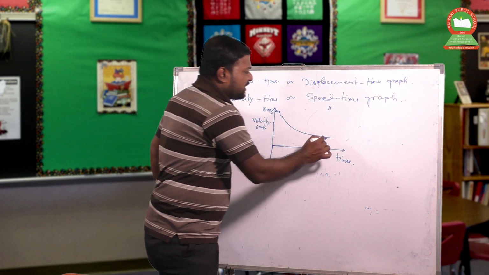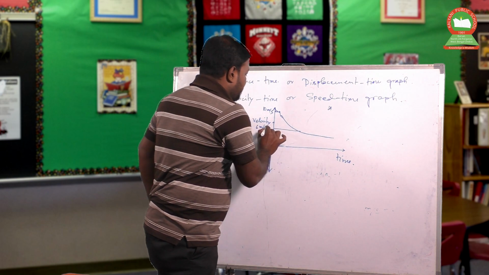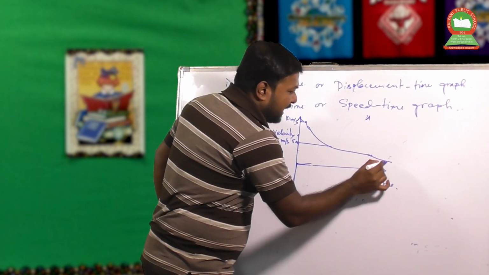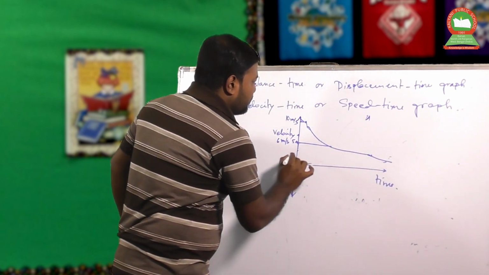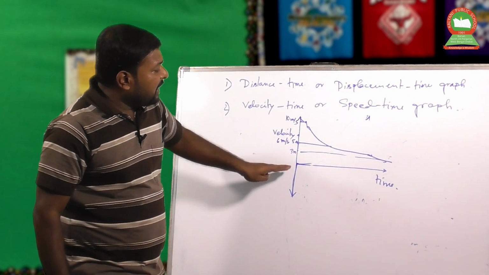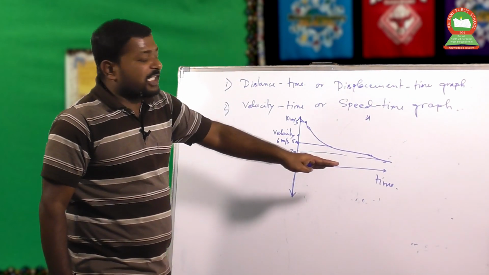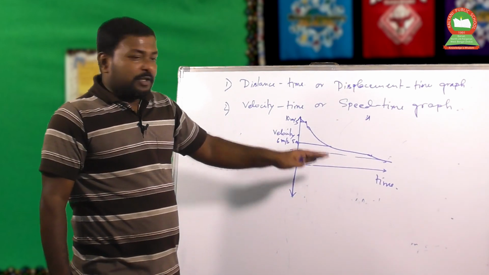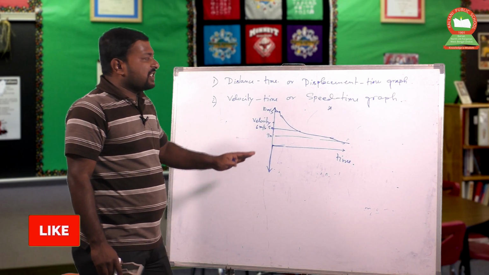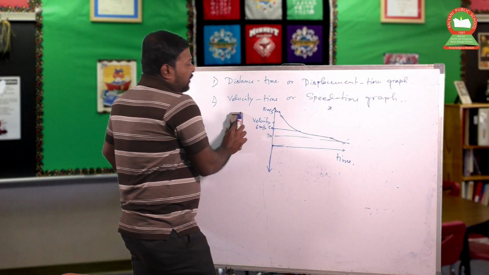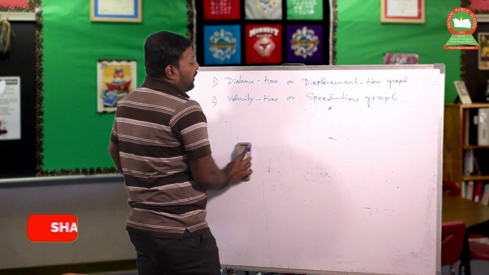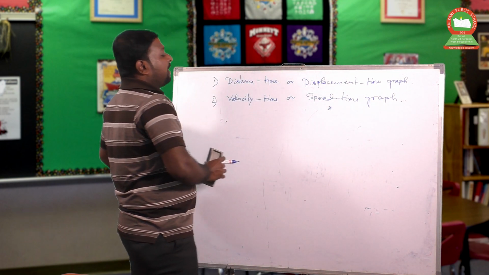Now after a time interval, suppose it is 5 meter per second. Now if that happens again, then this value is 3 meter per second. So gradually the change in velocity with respect to time is decreasing. So this kind of graph represents the body's motion which is in a retardation mode. So there are two kinds of graph plotting. One is for acceleration and one is for retardation.